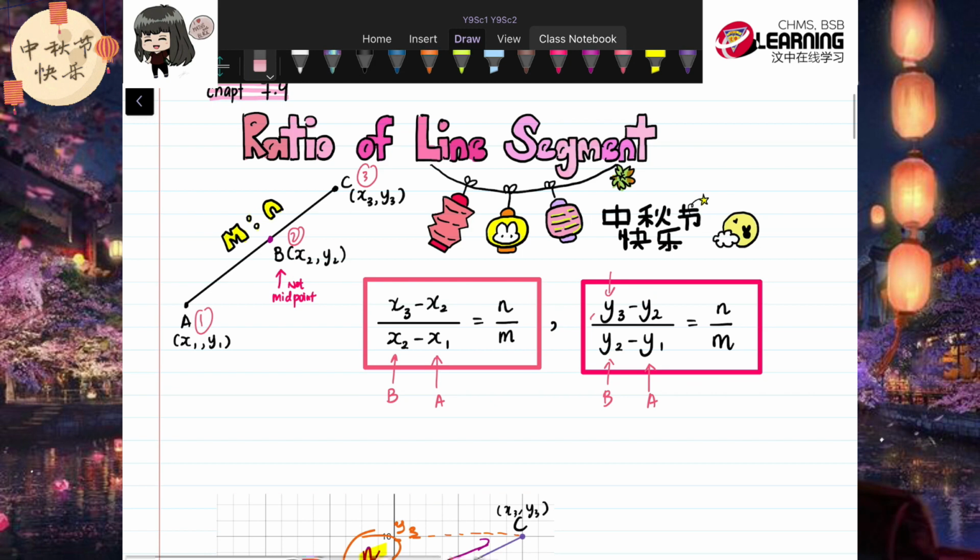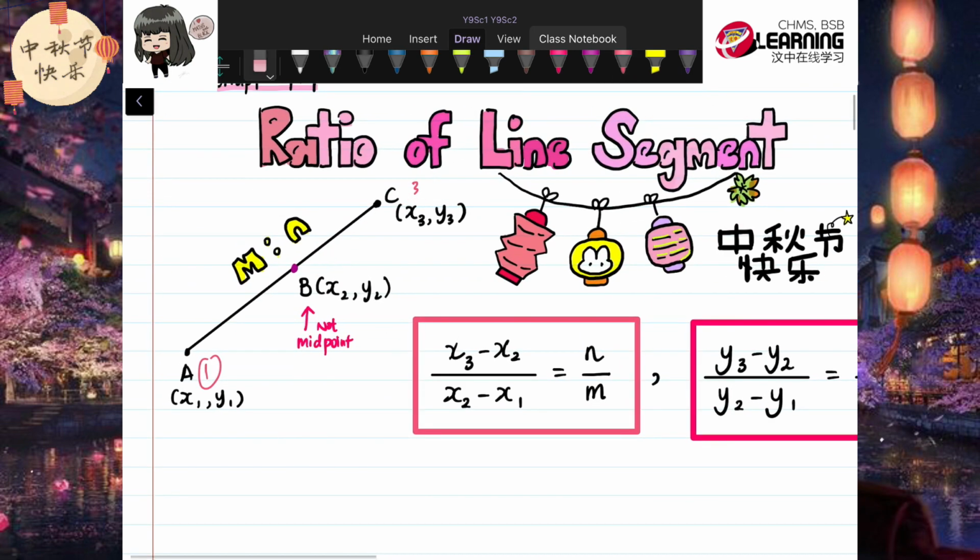Again, you have to know where this y3 and y2, and your x3 and x2, all these x and y basically come from. Again, as I said here, your x3 first. X3 minus x2 is basically here.